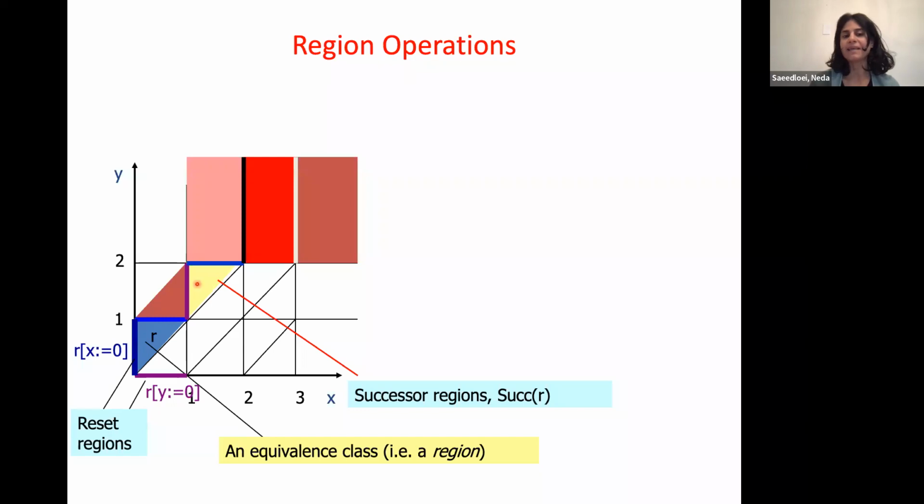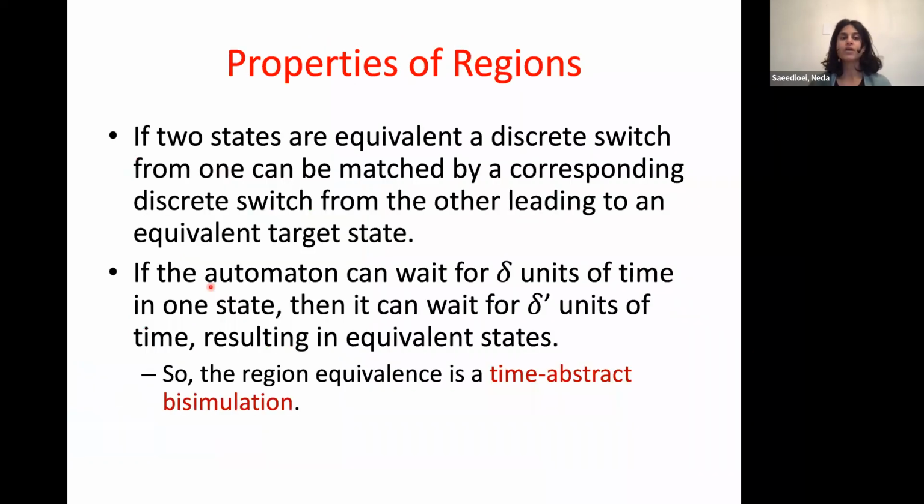So we end up at this yellow region, which is a time successor of region R. So depending on how much time has elapsed from this region R, there are various possibilities. We could go to this region, we could reset the clock and go to this region, or we could go to the yellow region, and so on.